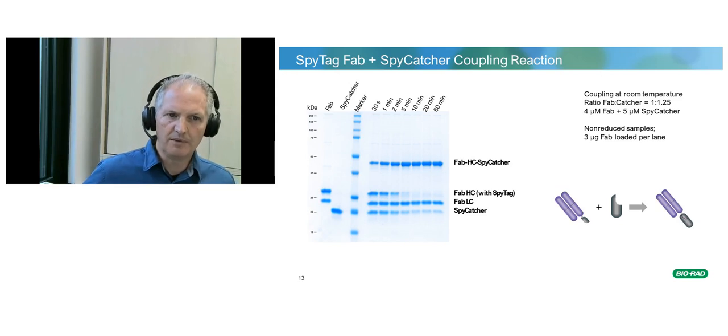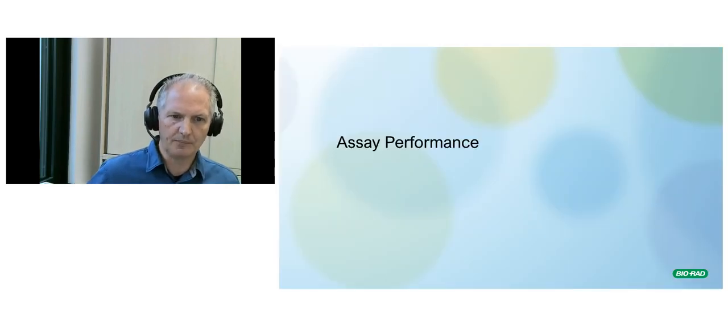And then as time moves on, we see that the product gets stronger, and at the same time, the heavy chain slowly disappears. And after 10 minutes, basically, the reaction is complete, and the heavy chain has shifted upwards to the ligated product. So it really works very nicely.